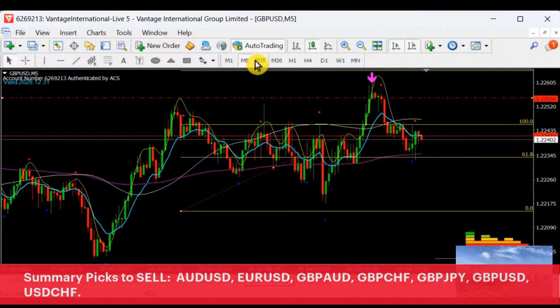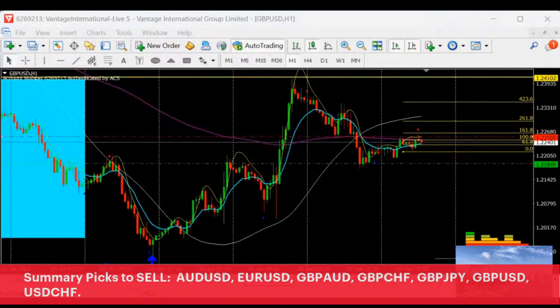Just now we were talking about these two levels, the green dotted line and the red dotted line. We are still in the middle of nowhere here. There may be a swing from here down to this support to test whether it breaks, so that it will go further down. Otherwise, it will go up and test the resistance to see if it breaks further up.